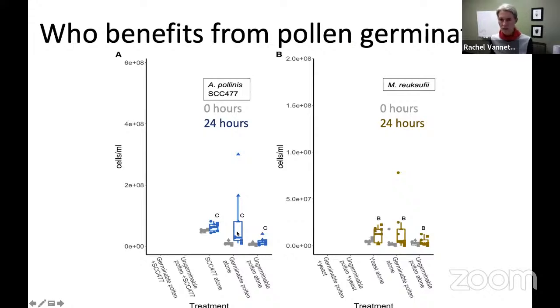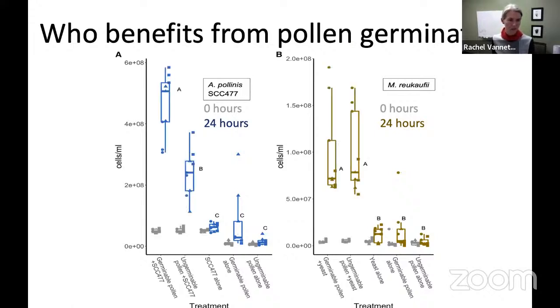When we added the pollen to either of these, we saw both the bacteria and the yeast increase their growth quite dramatically, but only Acinetobacter benefits from the addition of this live pollen, suggesting that the yeast can use pollen nutrients, but doesn't seem to benefit from any of that pollen physiology or germination, which we showed it didn't induce. So that's probably a function of that.